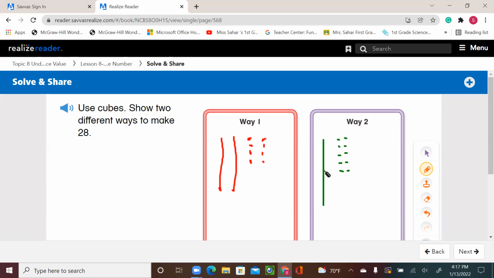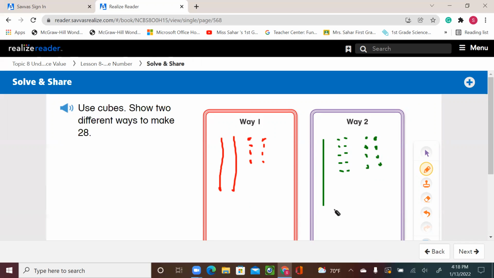So this is the ten. I break it apart to ones, and now I'm using my ones, the 8 ones I had before.